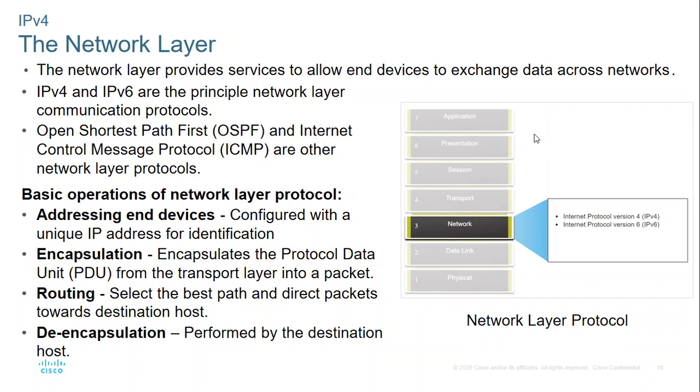So when information is coming down, when it reaches the network layer, the network header will be added to that information. And what do we have in the header? What we have in the header are the IP addresses. Okay, and then routing.